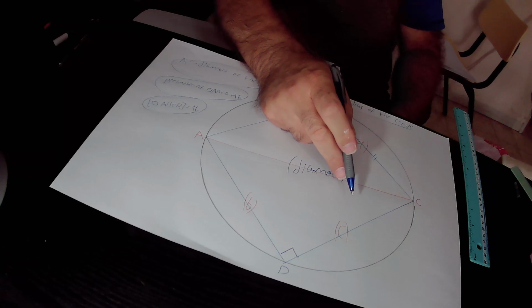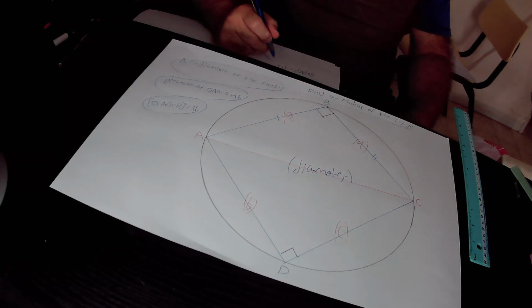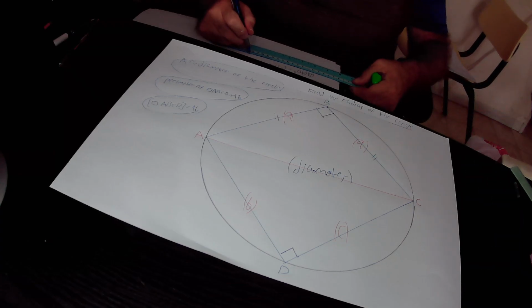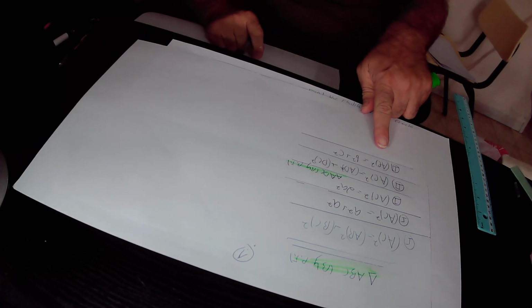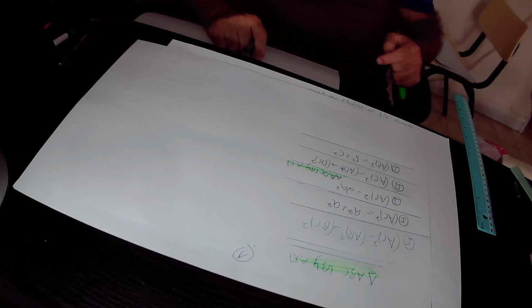DC is C, therefore DC squared is C squared. So in total, AC squared equals B squared plus C squared.